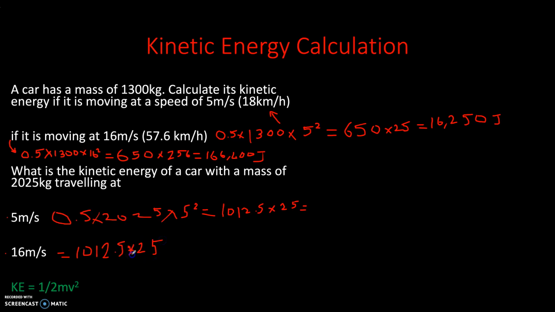So I should do a times sign here, and that's going to give me 1,012.5 multiplied by 256. That gives me 259,200 joules. So hopefully you got the same answer you did.